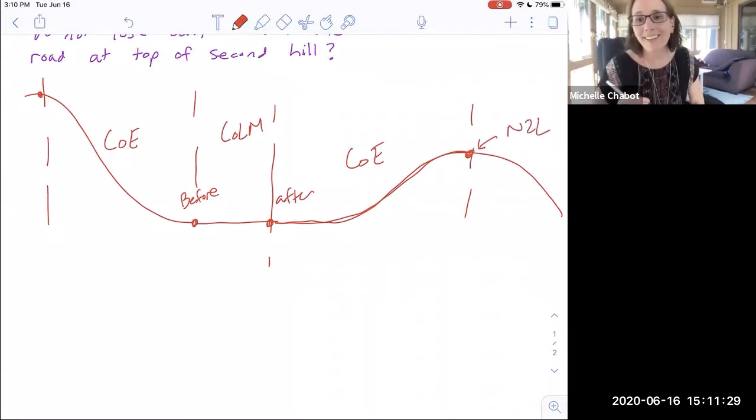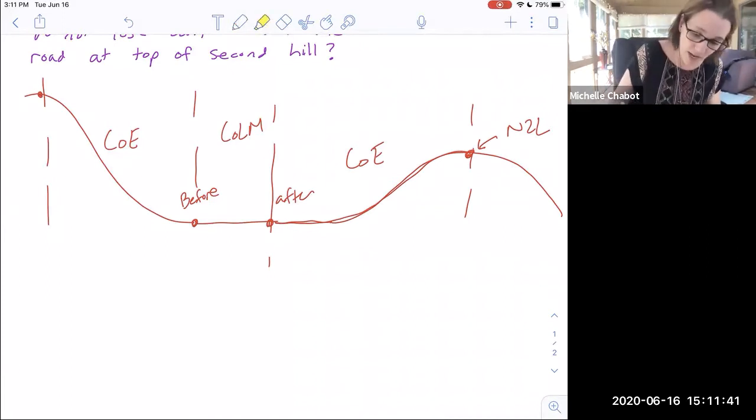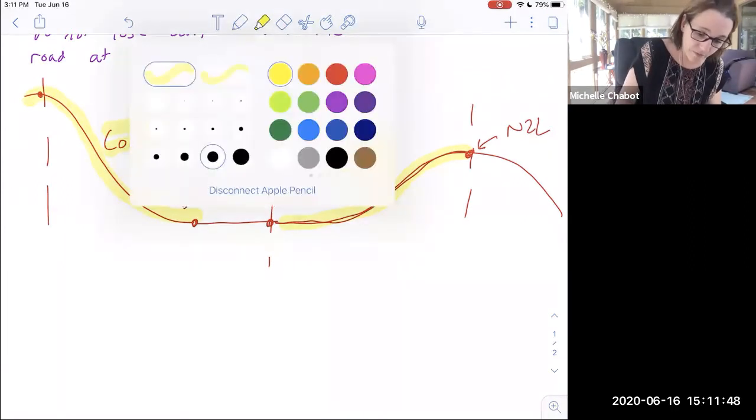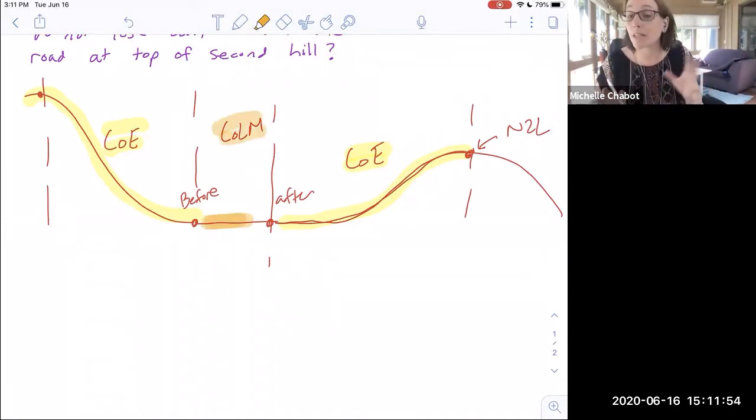Hopefully, as you've been practicing this skill, you're developing ways to recognize when to use which concept. A couple things to keep your eyes out for: changes in height. You notice the two changes in heights are my conservation of energy steps. When I have a collision, that's always going to be my conservation of momentum, in this case linear momentum, because nothing's rotating yet.